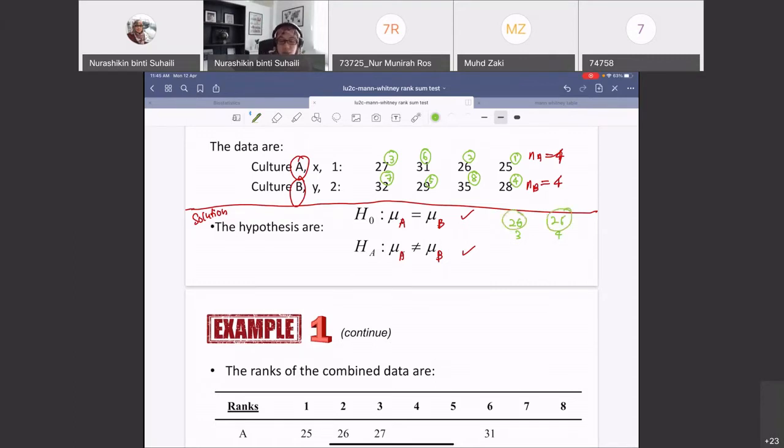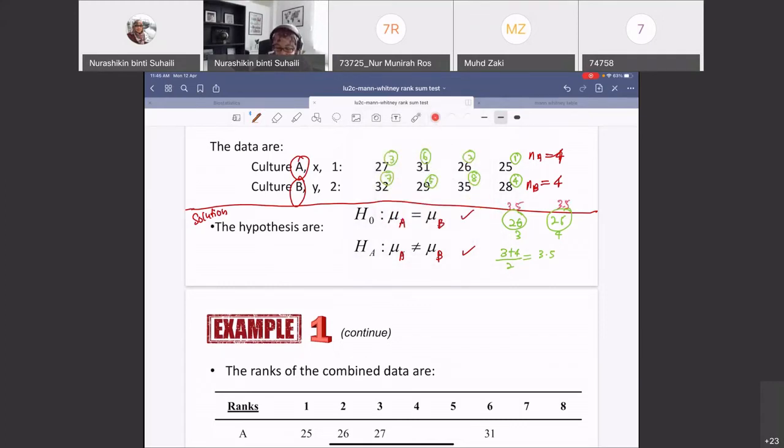So how you determine the tied ranks is that you find the average of the third and the fourth rank and divide it by 2. So that's going to be 3.5. So instead of assigning rank number 3 and rank number 4 to these two similar values, you assign both of them 3.5.